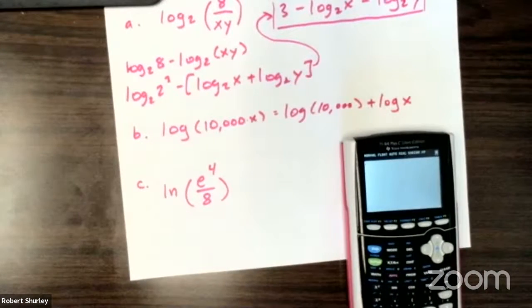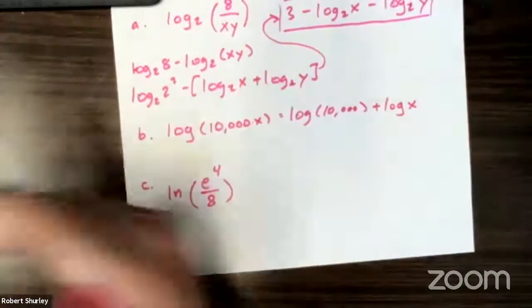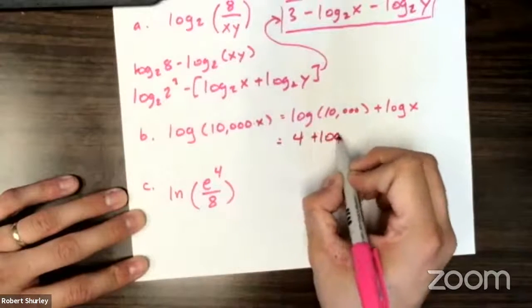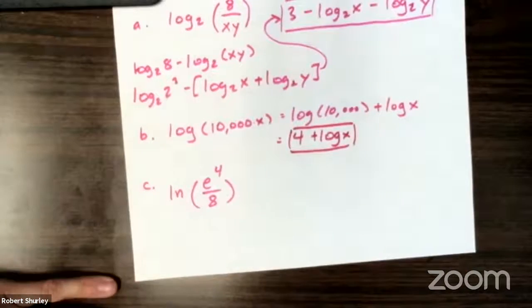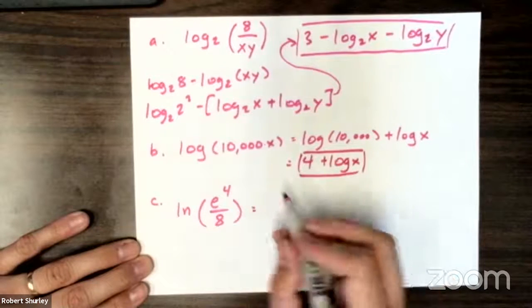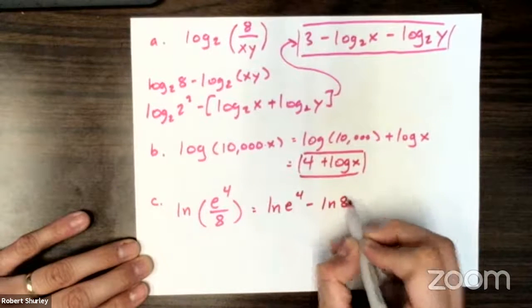And I'm going to say that log button, not store button, the log button, and then just put in 10,000, and I get back 4. Because 10,000 is 10 to the 4th power, okay? This is 4 plus log x. And that's it, okay? Then ln e to the 4th over 8, that's going to be ln e to the 4th minus ln 8, right?